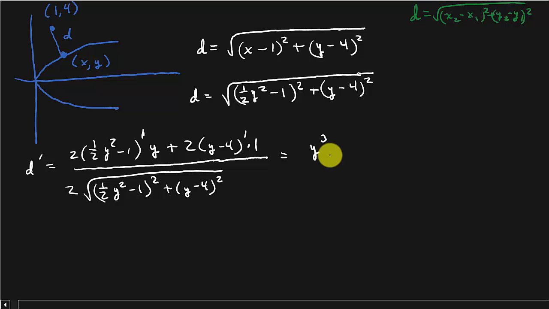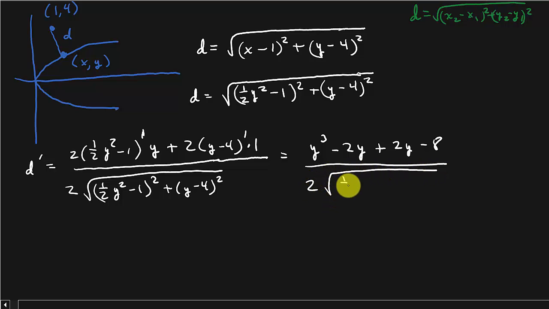Yeah, y cubed minus 2y plus 2y minus 8 over 2 square root of 1/2 y squared minus 1 squared plus y minus 4 squared.